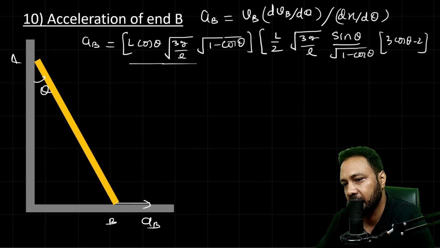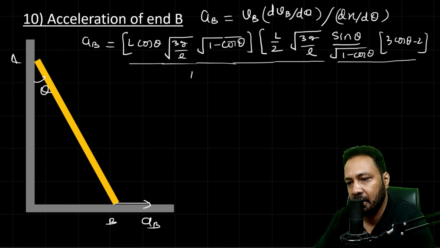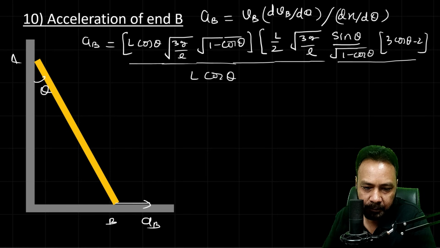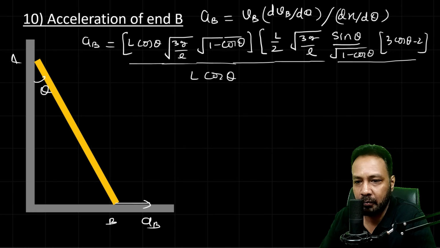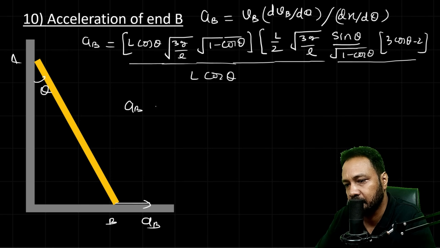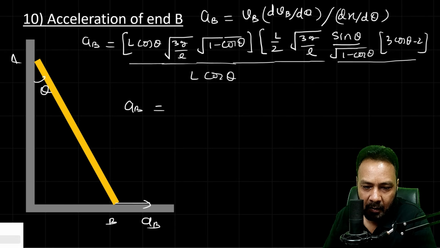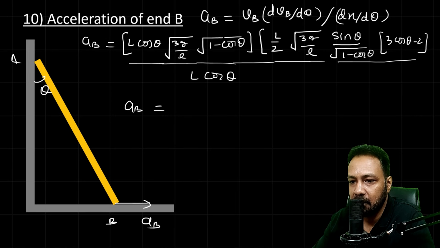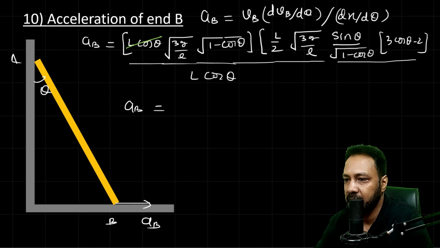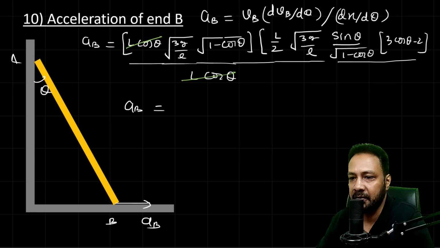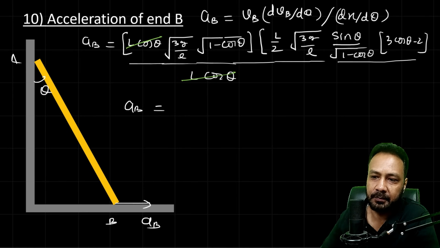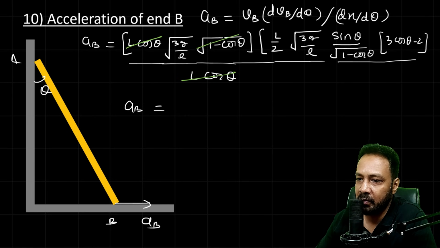Many terms will get cancelled. See, L cos theta. So AB, you see that this L cos theta and this L cos theta will get cancelled. This square root of 1 minus cos theta and this square root of 1 minus cos theta will get cancelled.